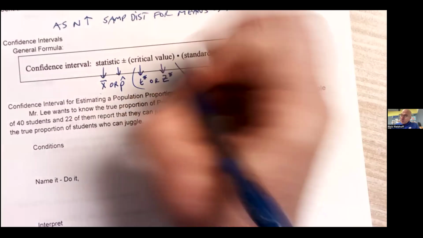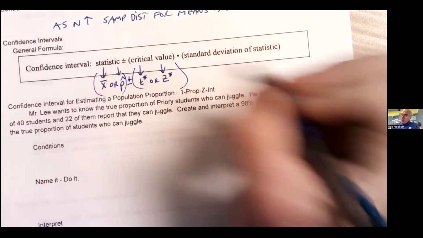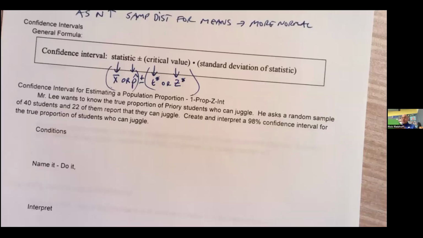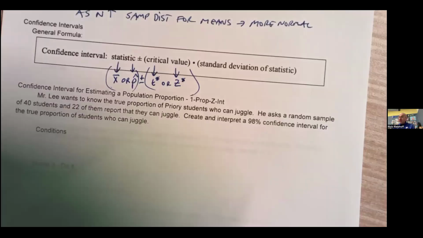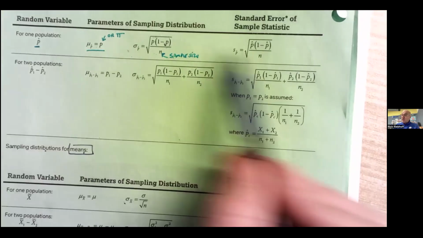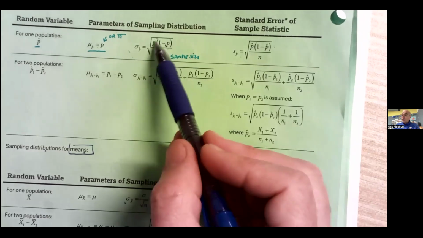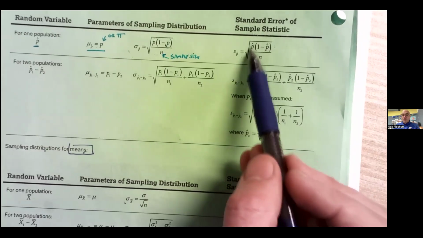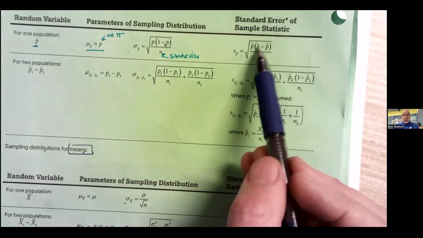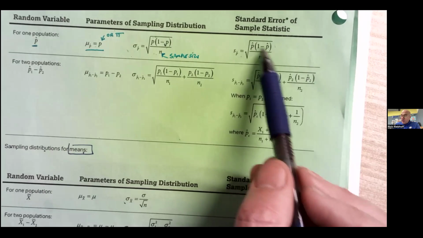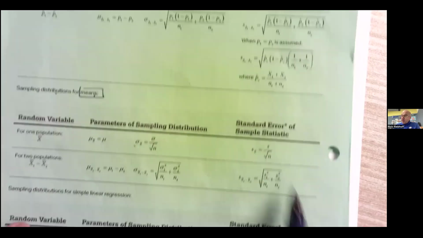So plus or minus times the standard deviation or standard error of the statistic. Okay, and we can find those again on our second page, right? Standard deviation is here, standard error is here. If we don't know the population proportion, we use the sample proportion, right? Or we could use 0.5 to be super conservative. If they don't give us anything, use 0.5 for that. For means, it's right here.